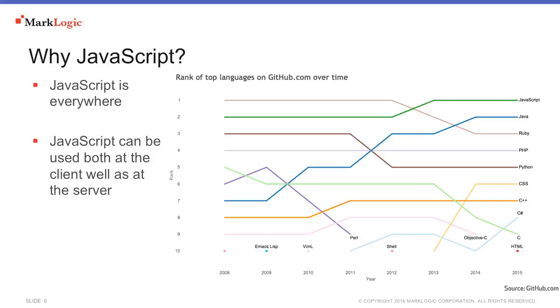So obviously, the tagline, the plot twist is going to be, hey, JavaScript is a great language to adopt, and technologies that leverage JavaScript are great technologies to adopt. But why JavaScript in the first place? We know it's in the browser, so we know it's everywhere.